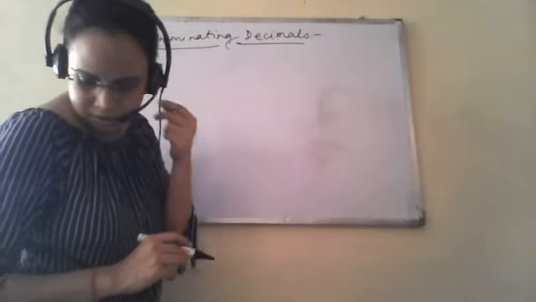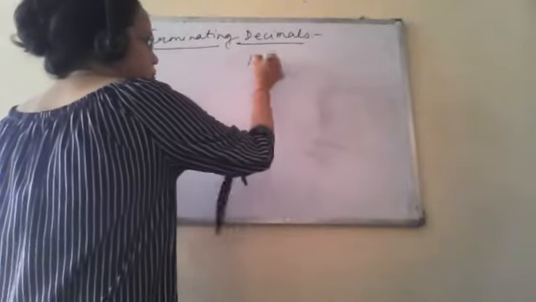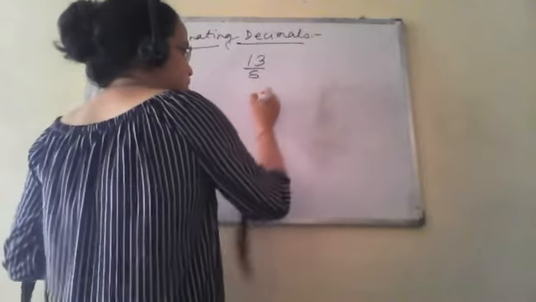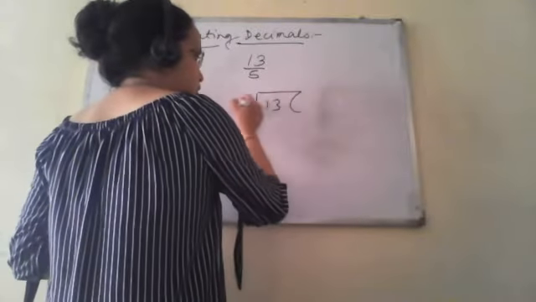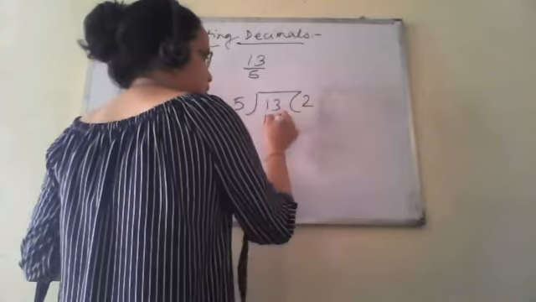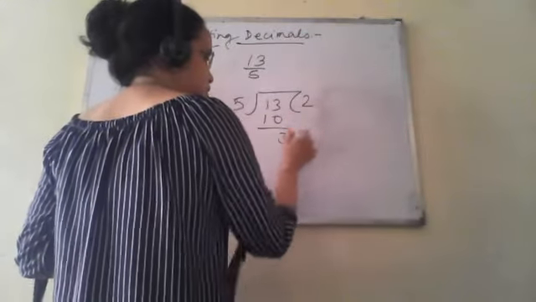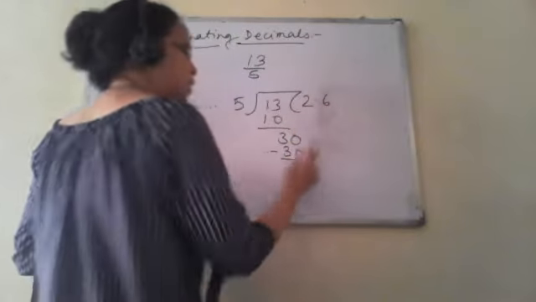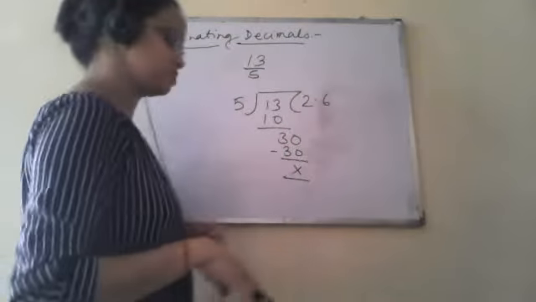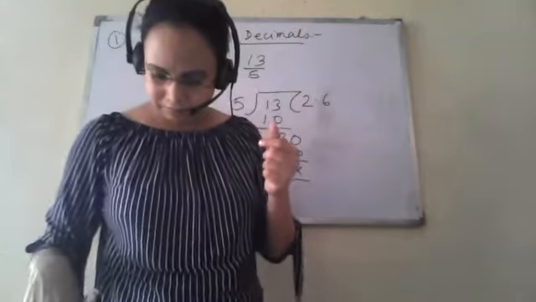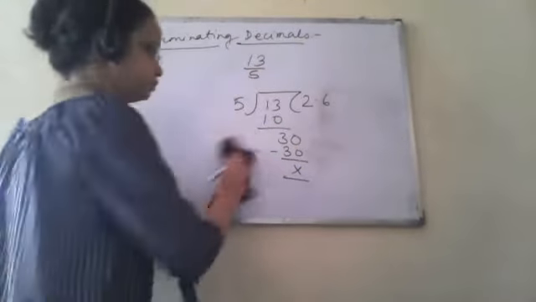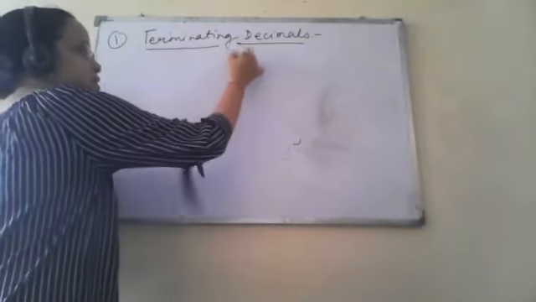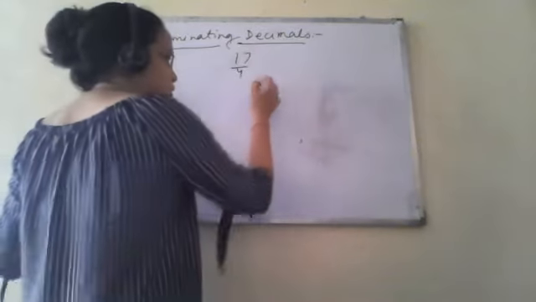So this is 13 upon 5. If we find, this is 13. Okay, in this the remainder has become 0. One more example. Seventeen upon 4.